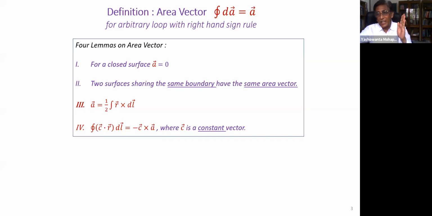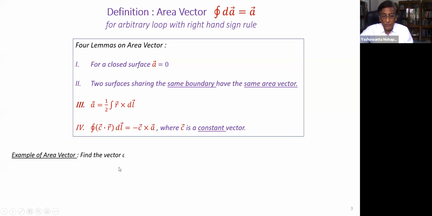Let's say i cap or k cap is a unit vector, and then I take its dot product with r and then go over the loop. Then that is nothing but minus C cross A, or you make it plus by saying A cross C. But C is a constant vector. So this is an important result that I'm going to use later. While solving problems, especially in answering logical questions also, all these four lemmas could be used. So I'll prove all of them.